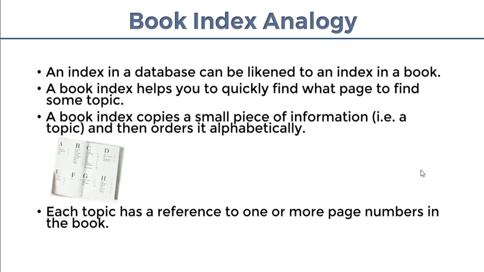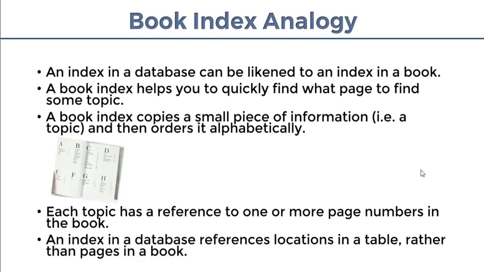A book index copies a small piece of information, like a topic, and then orders it alphabetically. Each topic has a reference to one or more page numbers in the book. An index in a database references locations in a table rather than pages in a book.